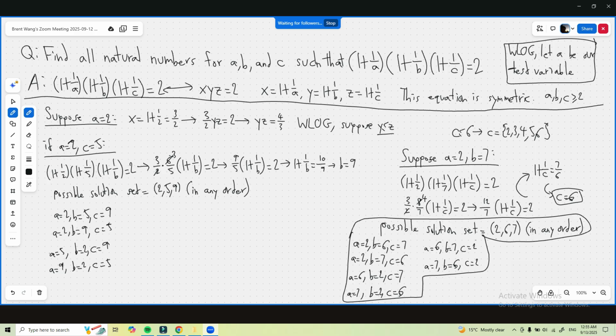And if c were to equal 2, a equals 5 and b equals 9. And the final is a equals 9, b equals 5, and c equals 2.